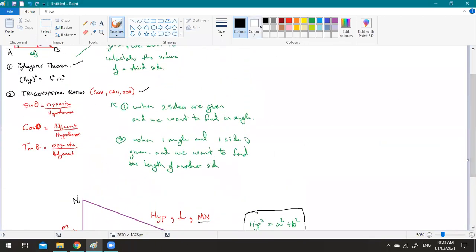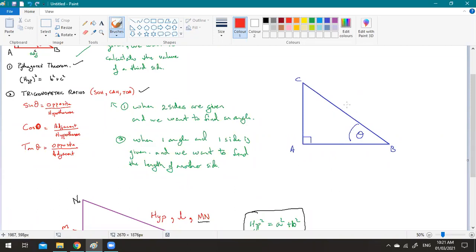Now for trigonometry, if we have a triangle and we call it A, B, C, and we know it's a right angle triangle, and we call here the angle theta, right?